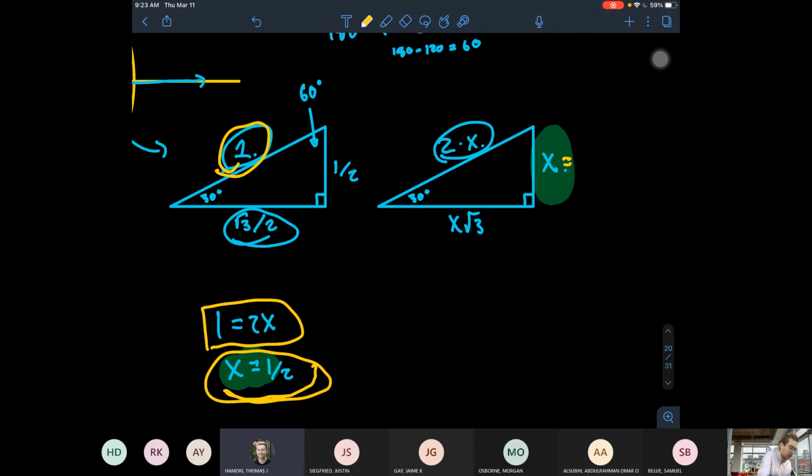So if I know that x is equal to 1/2 on a 30, 60, 90 triangle, to get the side length across from the 60, I take x and multiply by the square root of 3. In our case, x was 1/2, and I multiply by square root 3 over 1, straight across. So 1 times the square root of 3 is square root of 3, and 2 times 1 is 2.